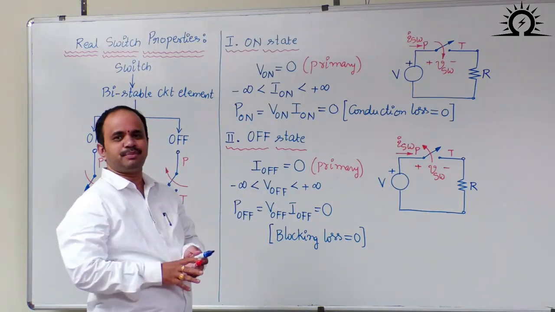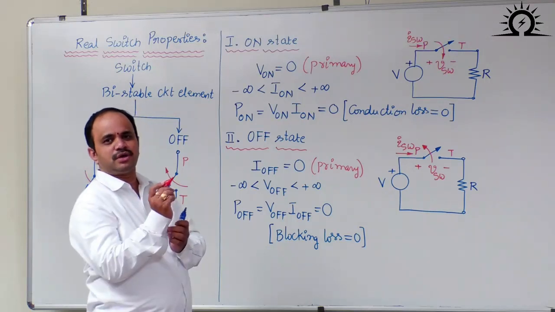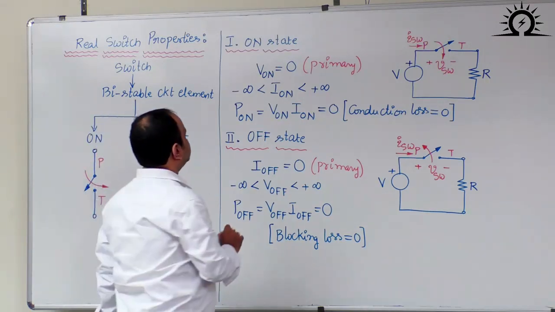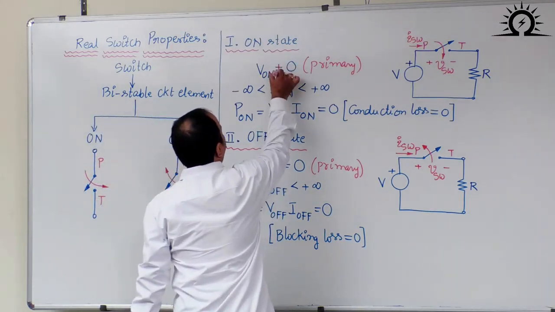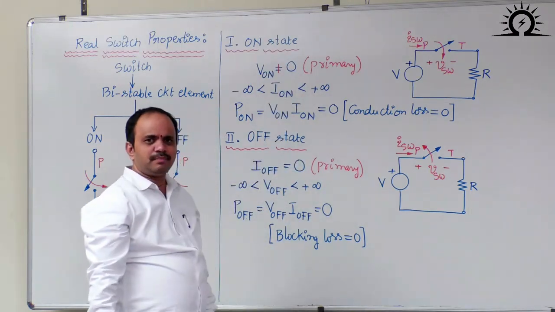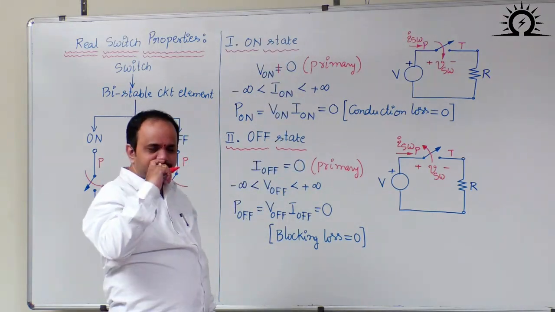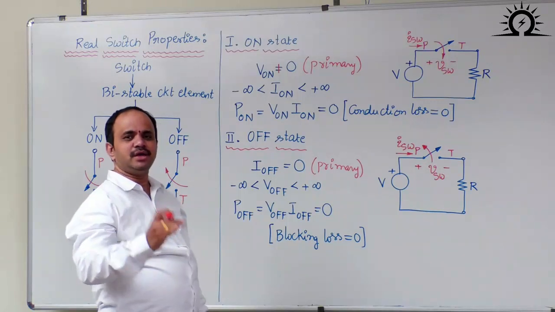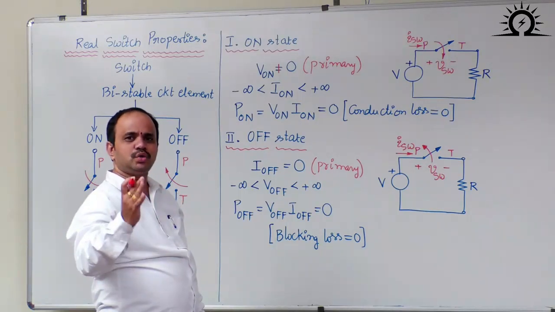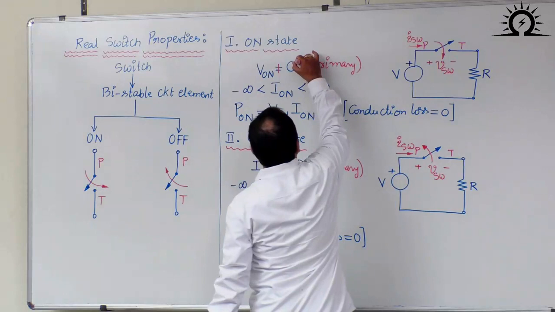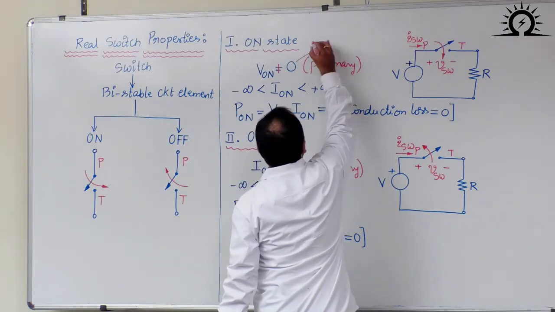But strictly speaking, 0 voltage drop is not possible. It will have a small voltage drop, which for power semiconductor devices will be in the order of 1 or 2 volts.